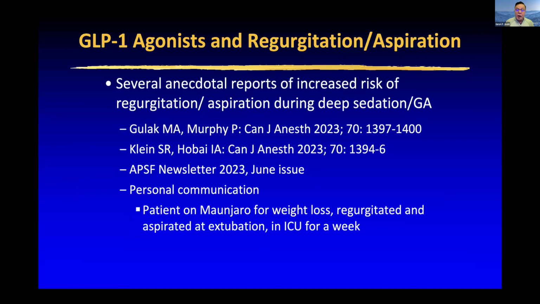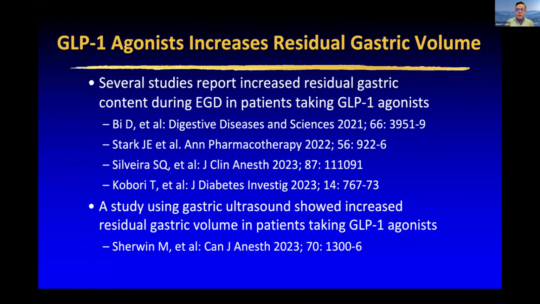There are several published anecdotal reports, plus since we published the ASA guidelines, we have received a lot of communications about experiences from our anesthesia colleagues with regards to regurgitation and aspiration. So there is no question, it is a real concern. And it has increased recently because obviously the number of patients using these drugs has increased.